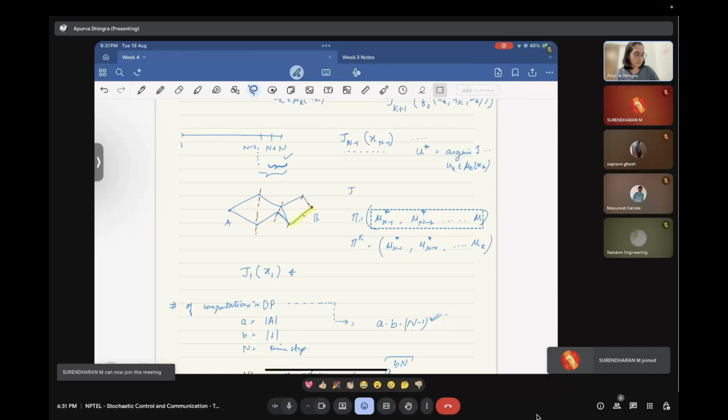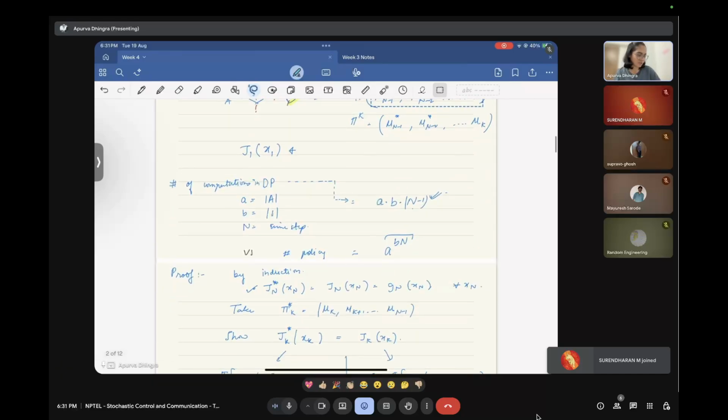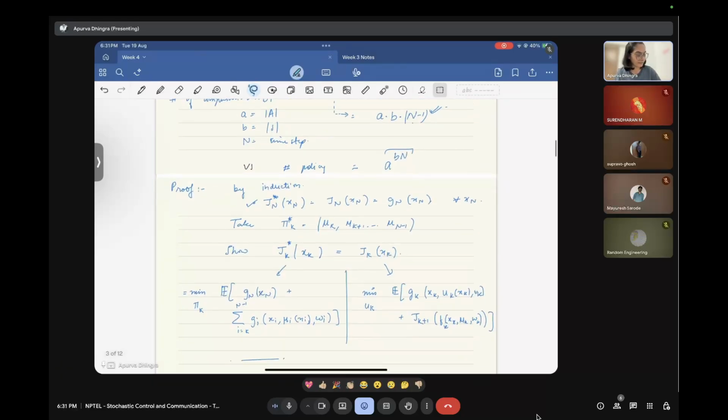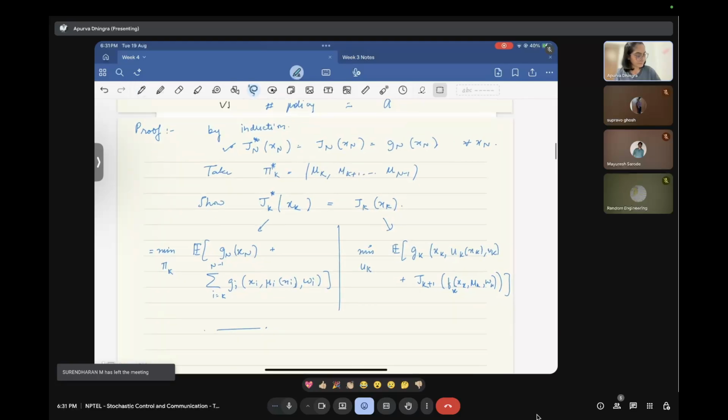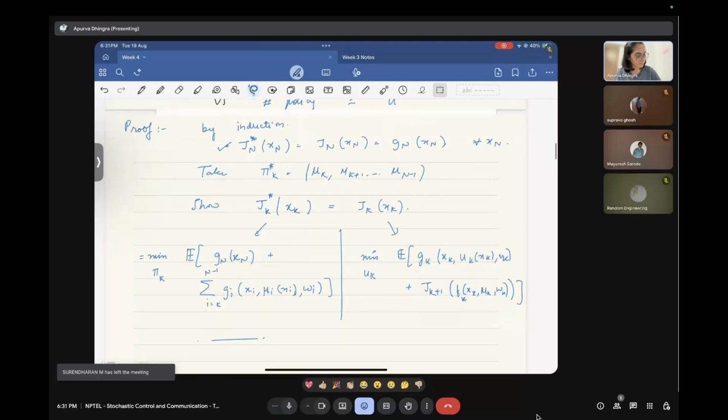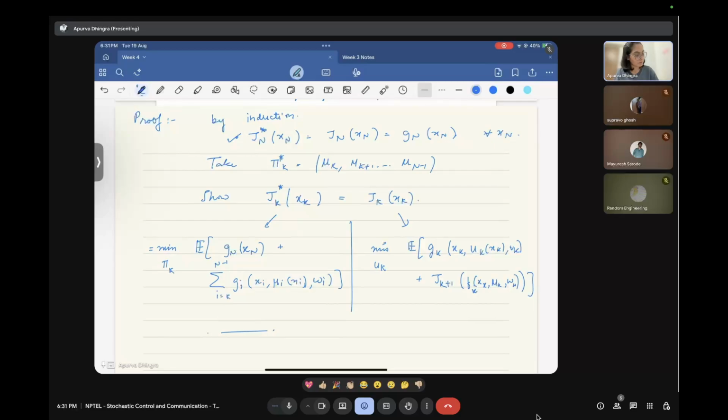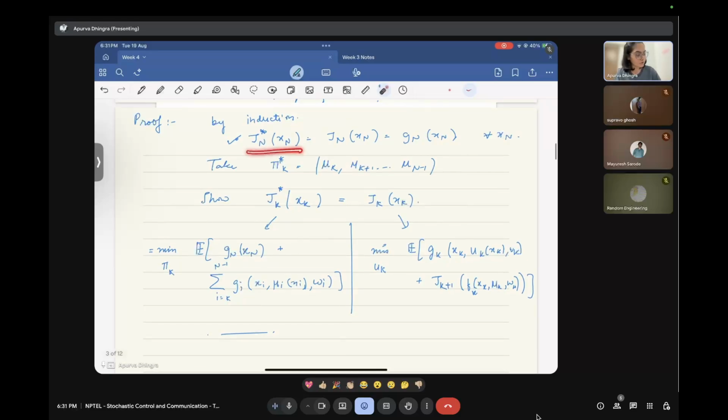Now let's go over not the details of the proof, but just the core idea. The proof basically looked at things by induction. The first step is fine, we're just taking the value to be the terminal cost itself. There's nothing to be chosen there.